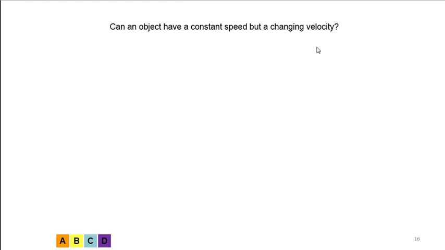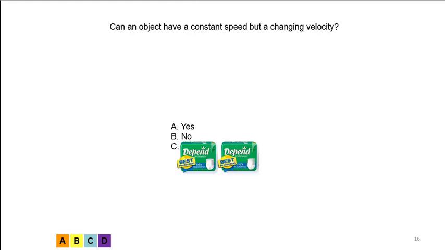Think about it the other way. Can an object have a constant speed but a changing velocity? Now again, your answer choices are yes, no, or it depends. Now in this case, remember the speed is just the magnitude of the velocity vector. So another way to say this is, can an object have a constant magnitude of its velocity, but the velocity changes?